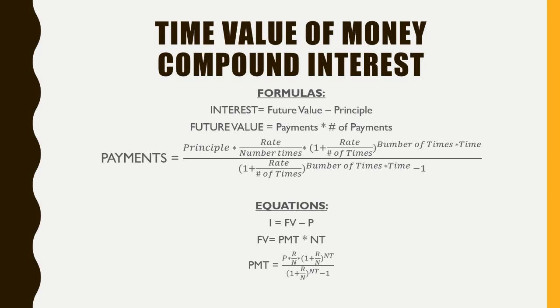Your future value is payments times the number of payments, where the payment is equal to this big, huge formula right here. I am not going to read that, but it is very complex. And same thing here, you are unable to do this on a regular calculator.